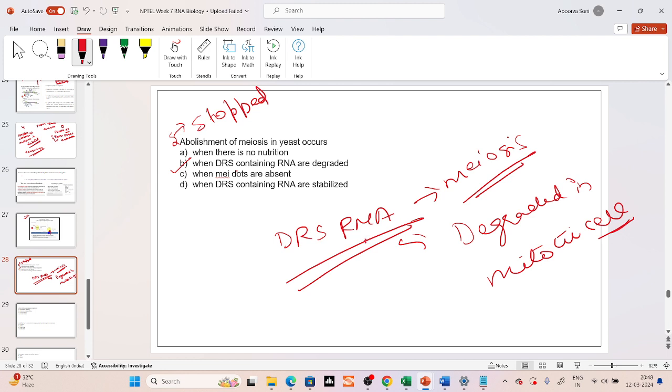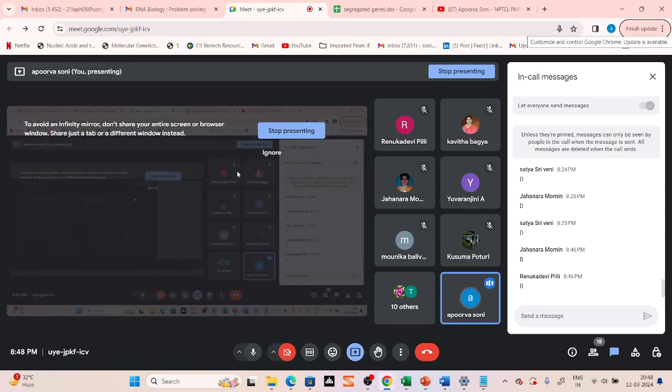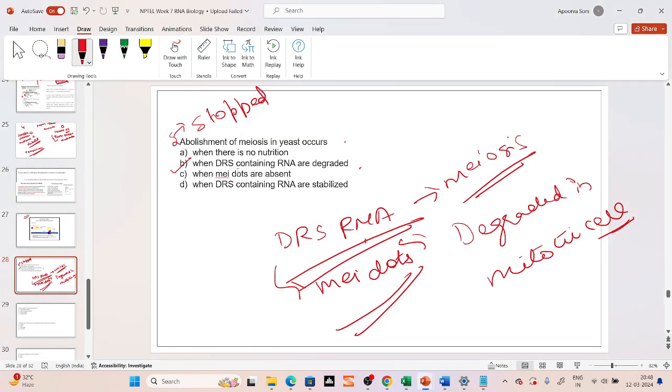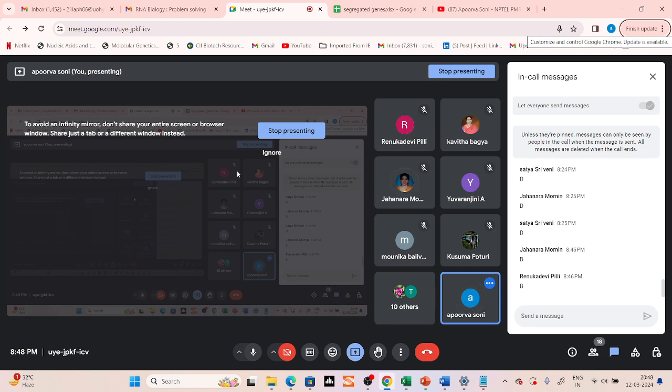Therefore, when DRS containing RNA are degraded, then meiosis will not take place. Is it clear to everybody? DRS containing RNA is responsible for meiosis, and DRS containing RNAs are degraded with the help of MEI dots. Is it clear now? So B is the answer.